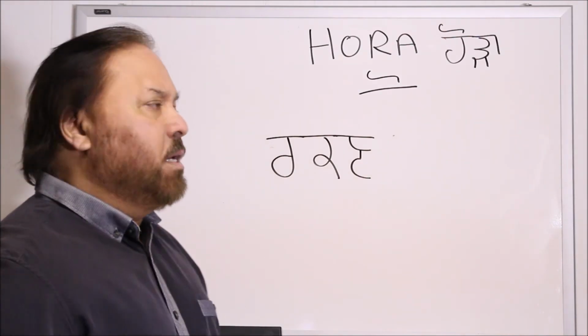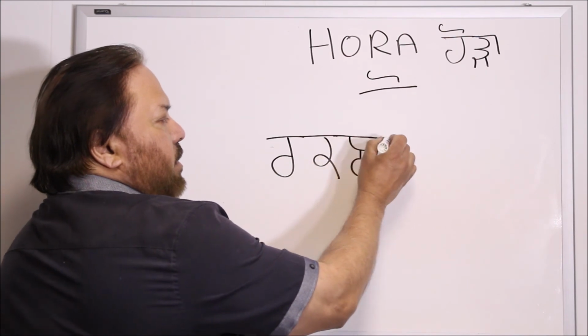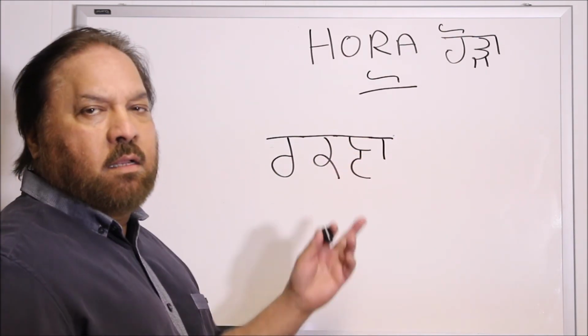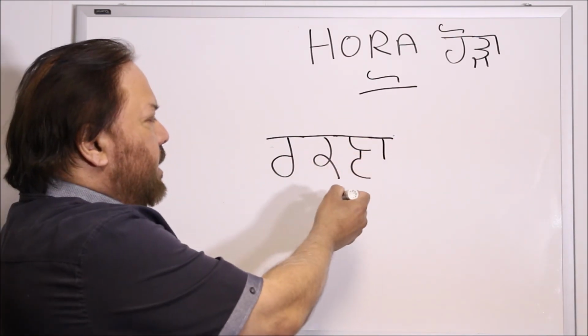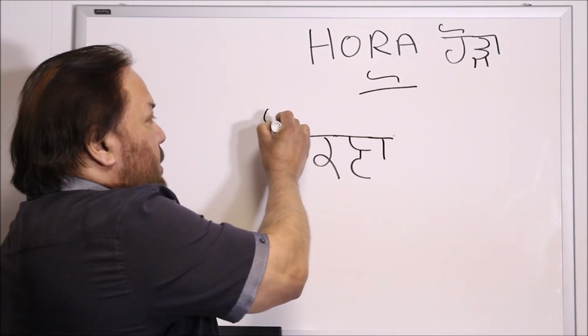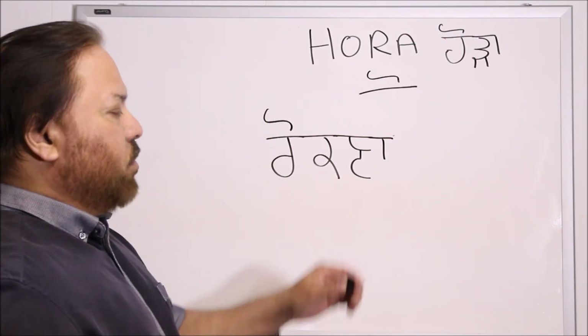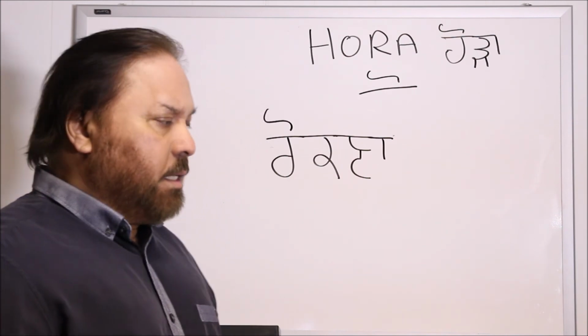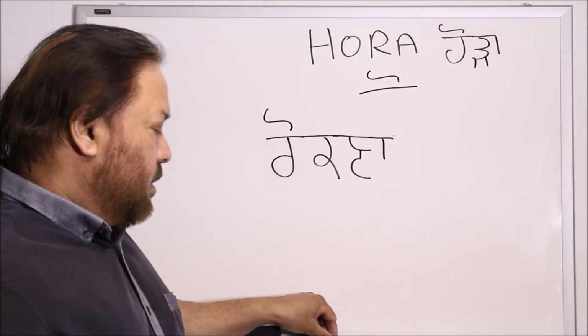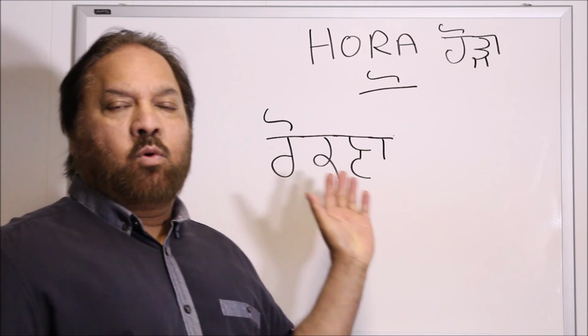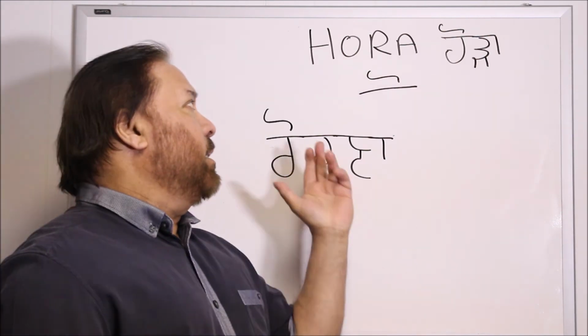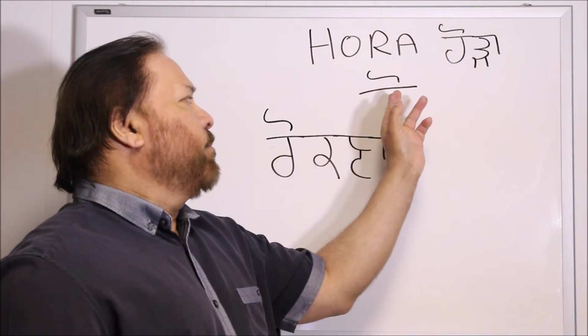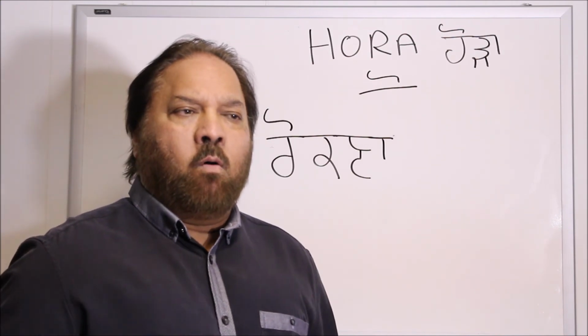You don't have to remember that. So to make the sound, rokna, with HORA. This is rokna, to stop. And I think these small words should be enough to explain the sound of HORA, to make the sound O.